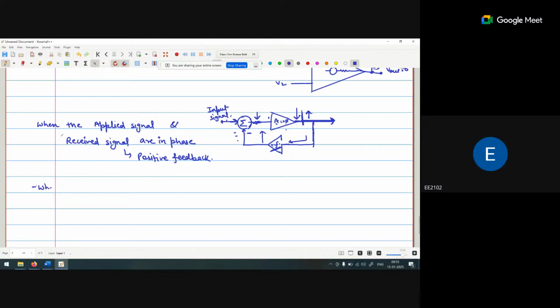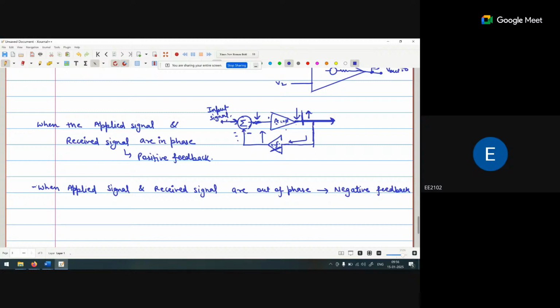So when the applied signal and received signal are out of phase, it is called negative feedback. Okay, it is called negative feedback.